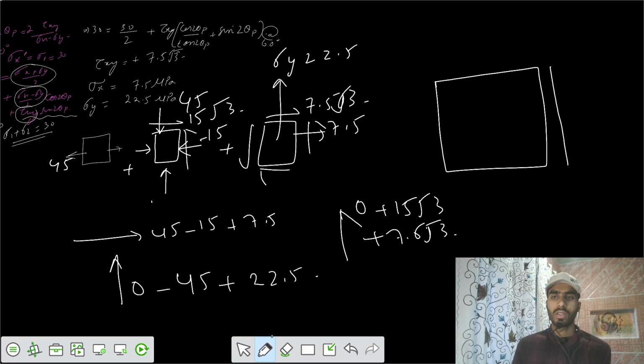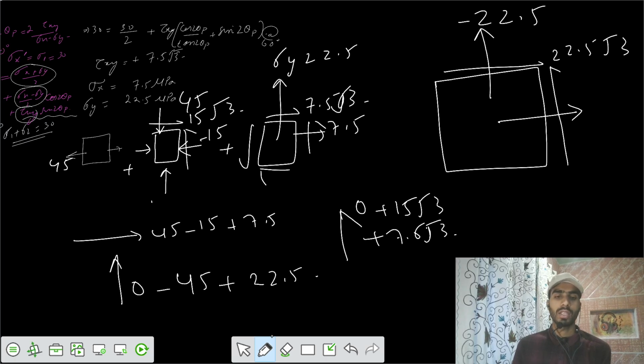So this is a shear stress of 22.5 root 3, and the normal stress sigma y comes out to be equal to minus 22.5, and the normal stress in x direction equals 37.5. So this is our final state of stress on plane P and Q.